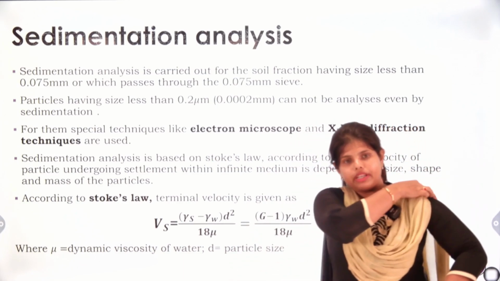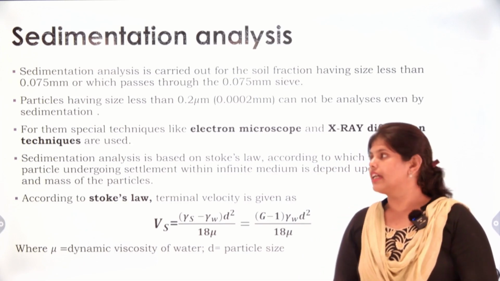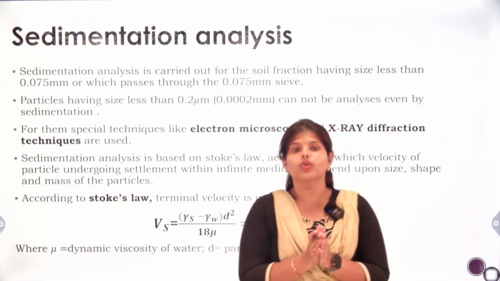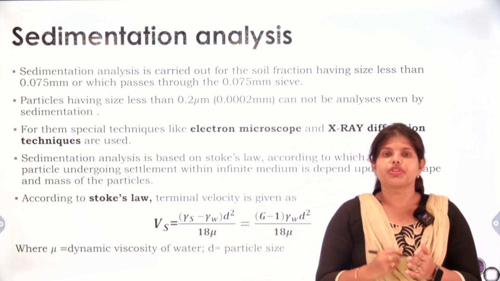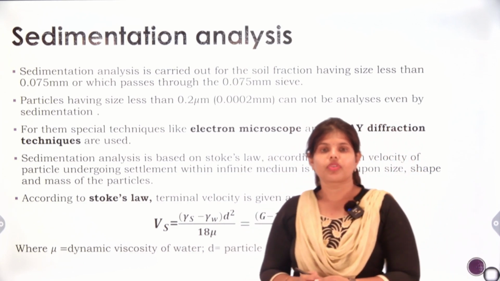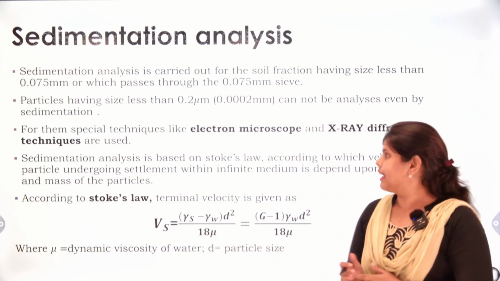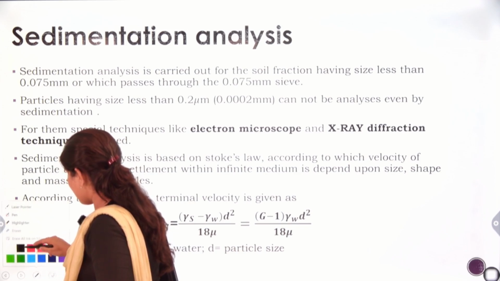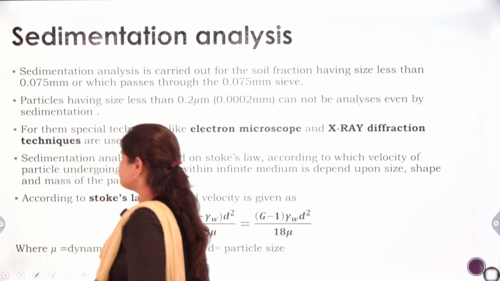So what happens in case of sedimentation analysis? A particle having size less than 0.2 micrometer, that will be 0.0002 mm, cannot be analyzed even by sedimentation analysis, as that will be very small.